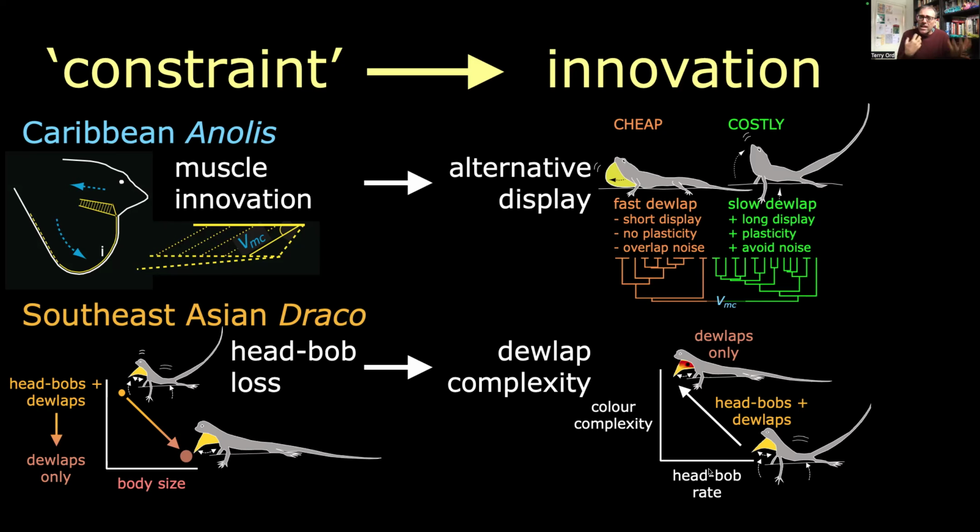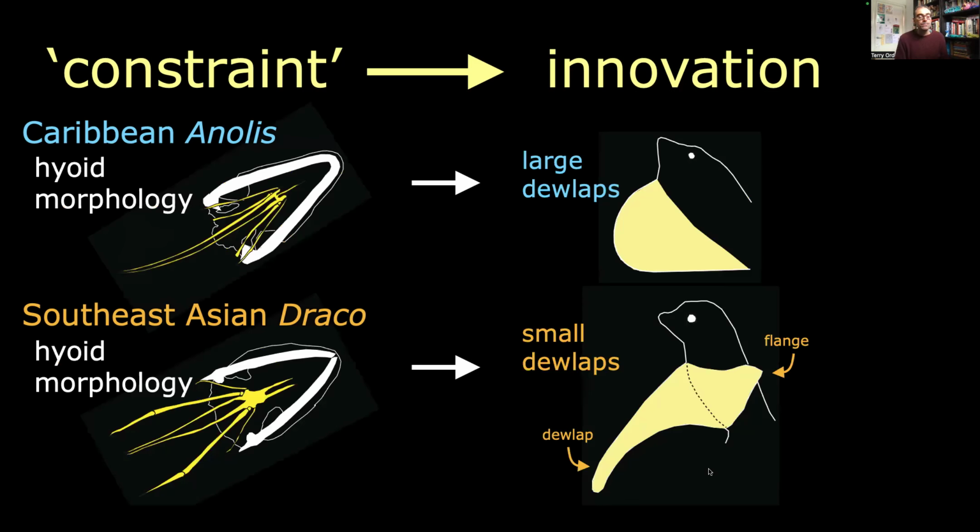Southeast Asian Draco, there's that constraint in terms of selection for increased body size, but now they can't perform those head bobs efficiently, so they've lost them, and the innovation has occurred to some extent in the elaboration of the complexity of the color and pattern of their dewlaps to make up for that loss of the head bob.